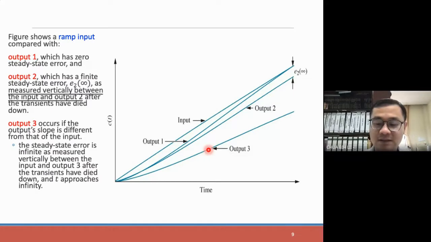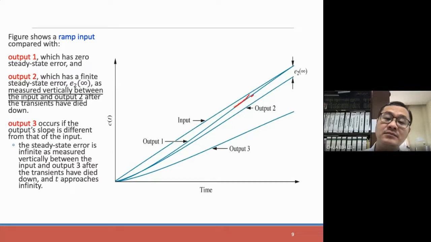Let me draw further. For example, this is output number one. It may oscillate a little bit, but after some time it will just go all along this input. In that case, in the steady state, we say zero steady state error.